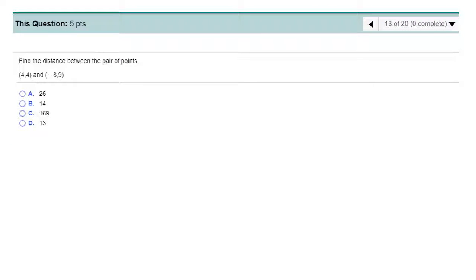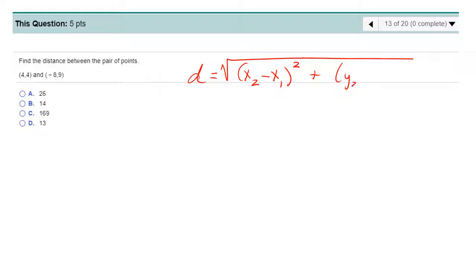Now on question 13, you're asked to find the distance between a pair of points, which will require a formula. The formula will be given to you on the proctored exam. The formula is this: distance equals the square root of x2 minus x1 squared plus y2 minus y1 squared.